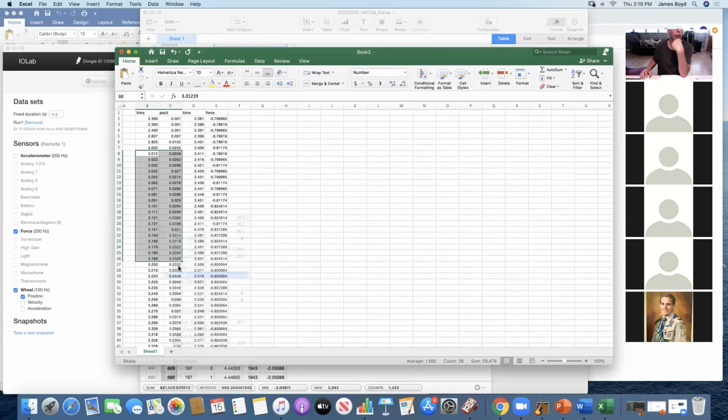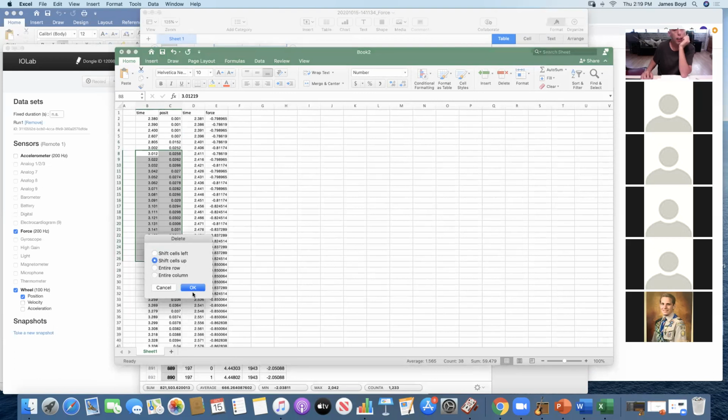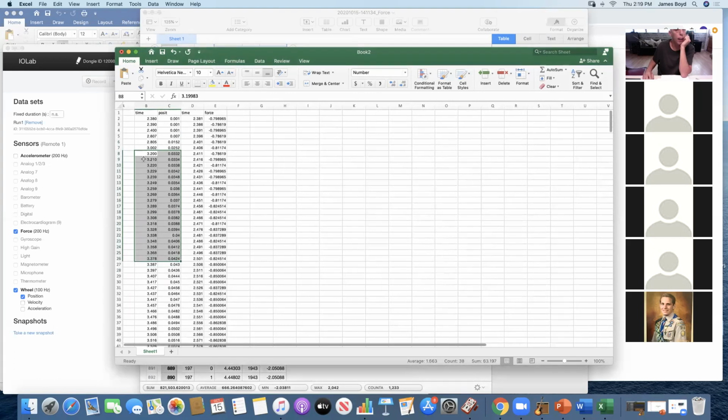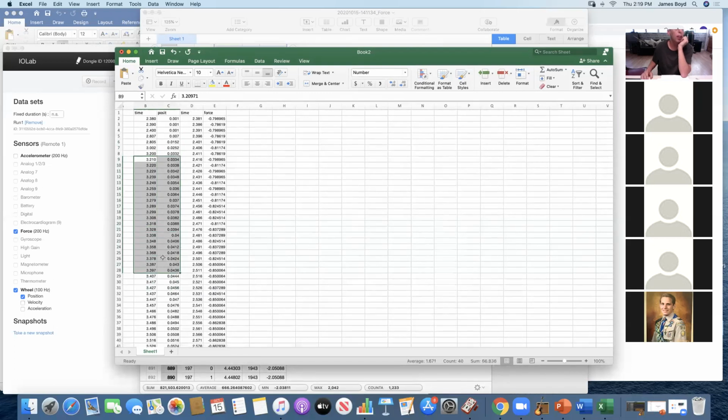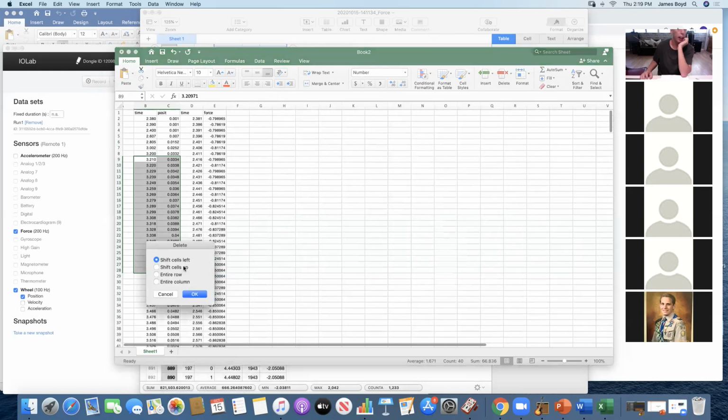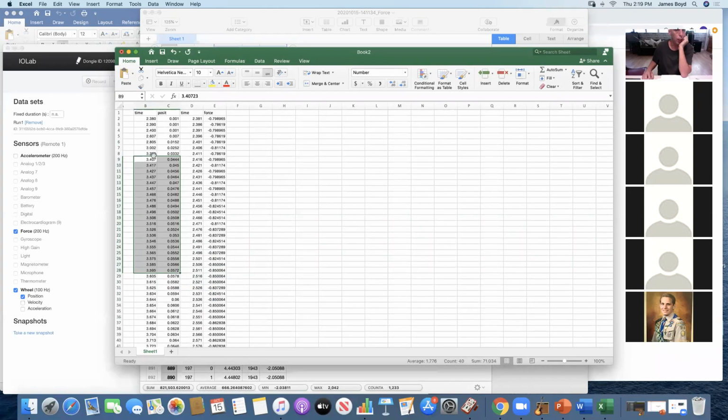And all I'm doing is I'm deleting everything after the first data point that's every 2-second increment until the next one. So I'm deleting everything between 3.2 and 3.4 and on and on and on.